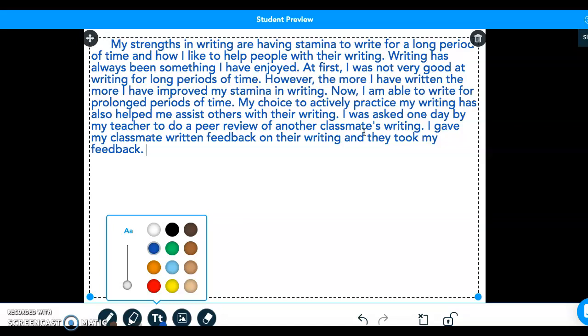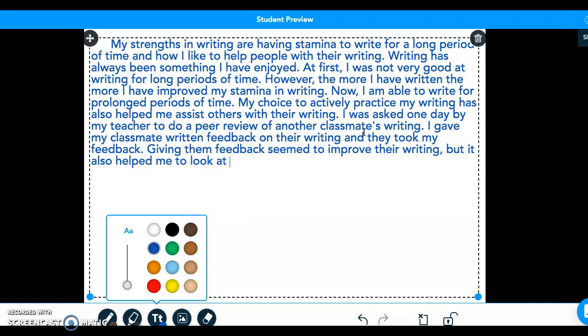So, giving them feedback seemed to improve their writing, but it also helped me to look at my own writing in a fresh, new way.